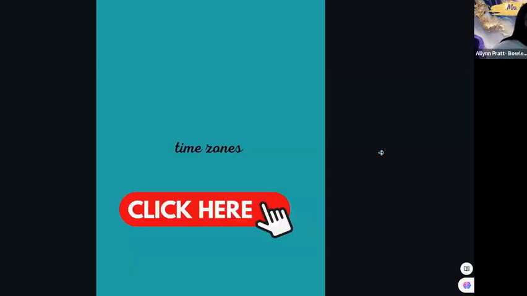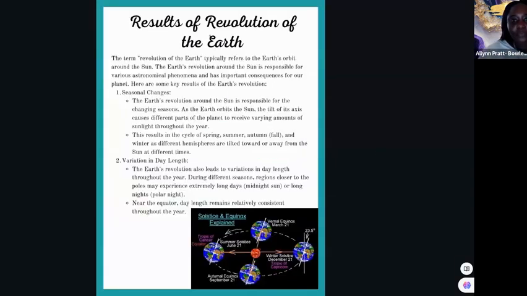And some effects of revolution are seasons and length of days. Very good. Please learn those important latitude and longitude lines. First of all, what is a latitude line? Horizontal lines across.